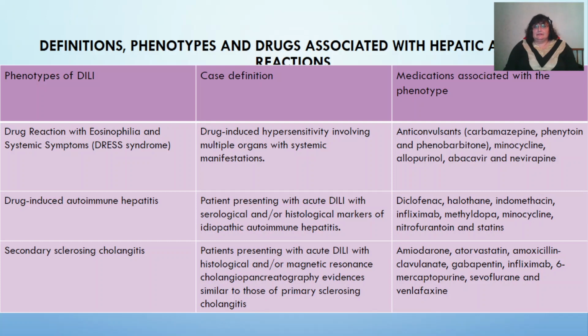Secondary sclerosing cholangitis: patient presented with acute DILI with histological and or magnetic resonance cholangiopancreatography evidence similar to those of primary sclerosing cholangitis. It's amiodarone, atorvastatin, amoxicillin clavulanate, gabapentin, infliximab, 6-mercaptopurine, sevoflurane, and venlafaxine.